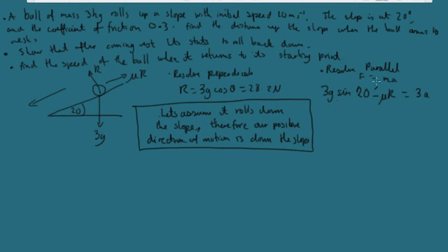So if we work all this out, we'll then get a value for a of 0.601 meters per second squared.